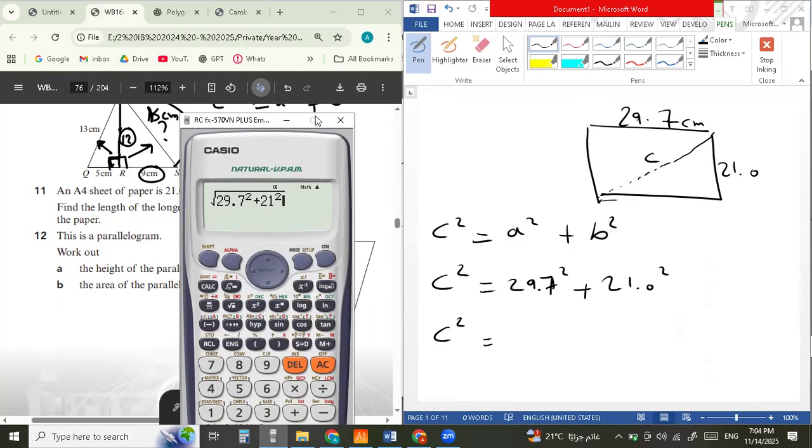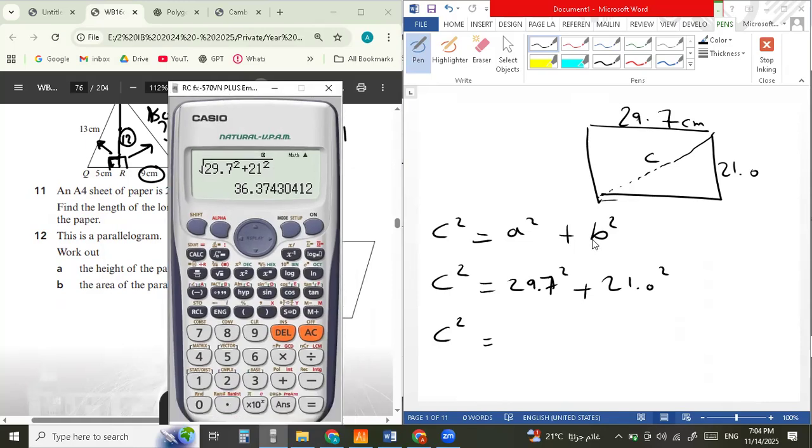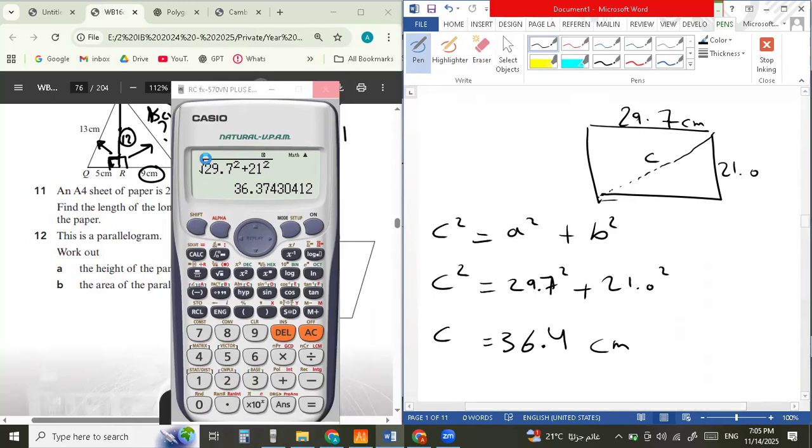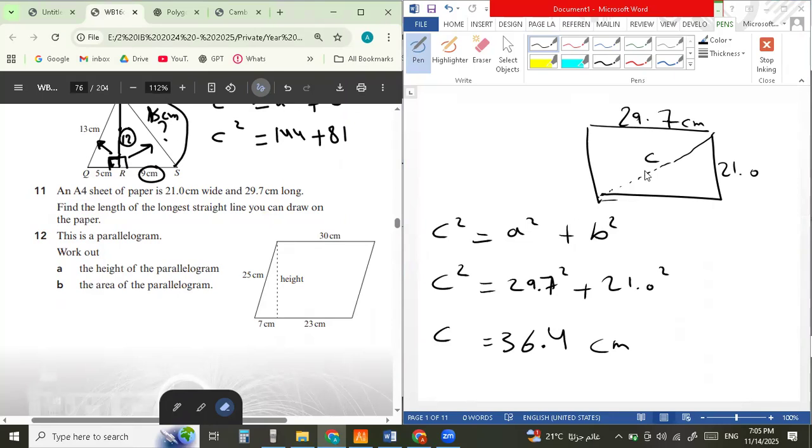I did all of this in one step on the calculator: I squared each number, added them, and took the root to get C at the end. I found that C is 36.37, which means 36.4 centimeters. Now I found the length of the longest side, which is the hypotenuse.